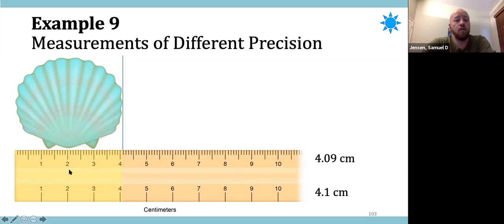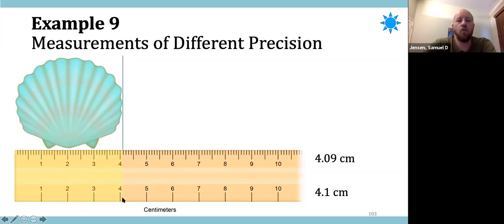This ruler has 2 different scales on it. Both of them are in centimeters, but one of them has more graduations than the other one. This one here, you can only read by the centimeter. But we can see here that it's slightly past 4.